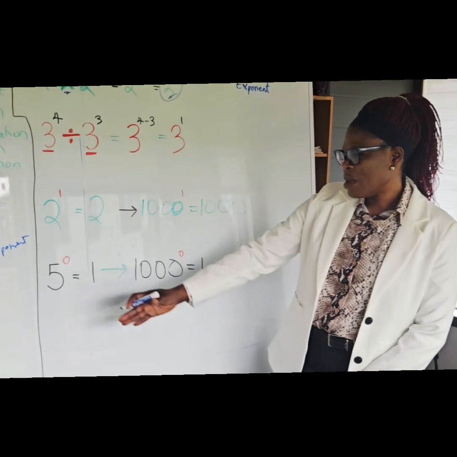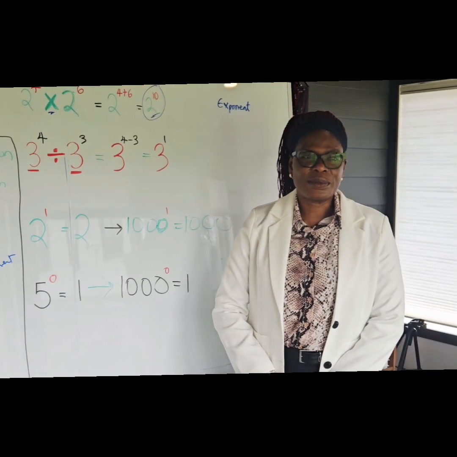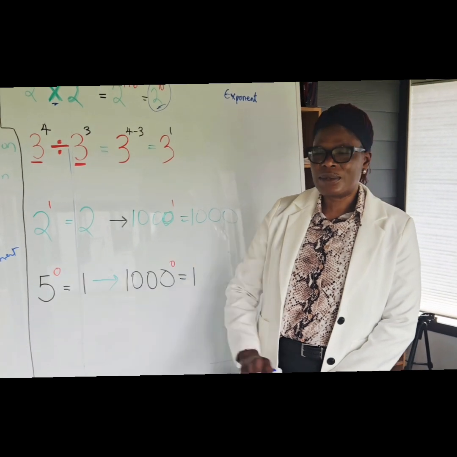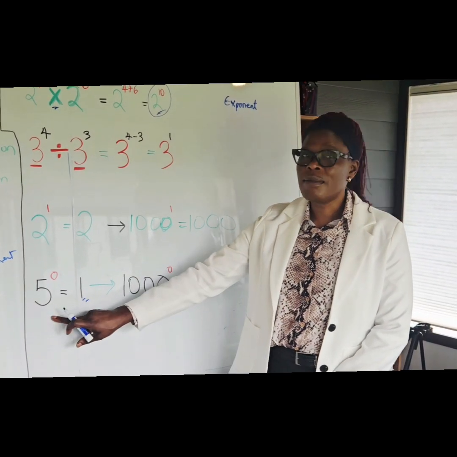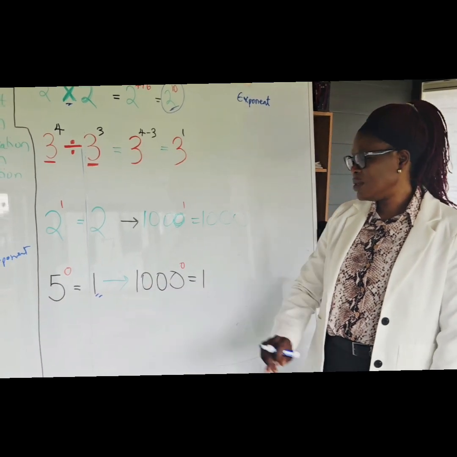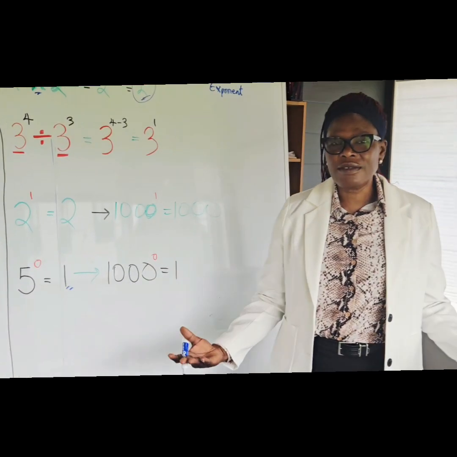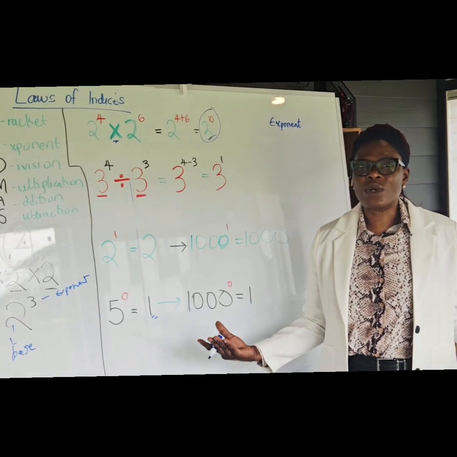And what happens when a number is raised to 0? 5 to the power of 0 gives me 1. Which means any number to the power of 0 is 1. 1,000 to the power of 0 is 1. 35 to the power of 0 is 1. 56 to the power of 0 is 1.